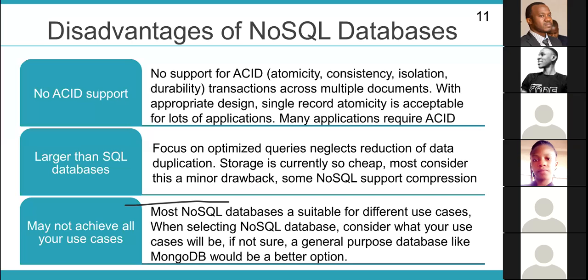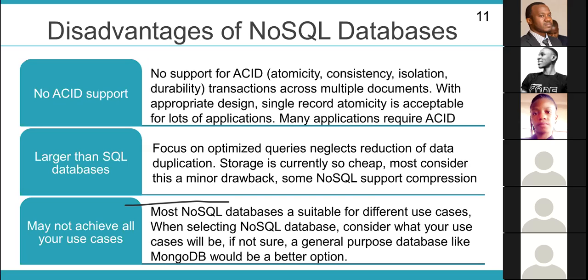So with NoSQL databases, these are not supported across multiple documents. But with appropriate design, you can have single record atomicity. And this can be acceptable for a number of applications, but still many applications require ACID to have more secure transactions within your database.